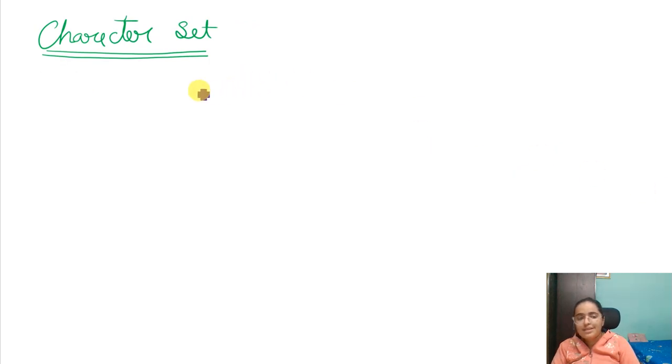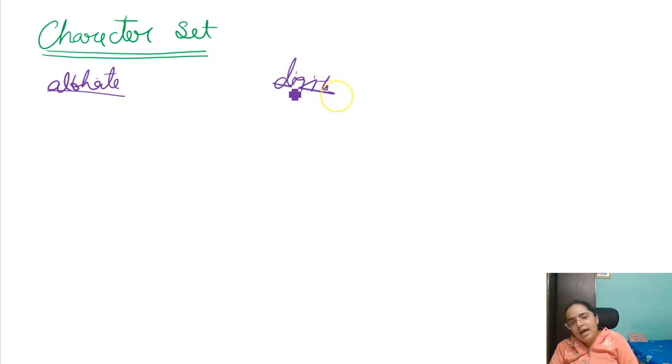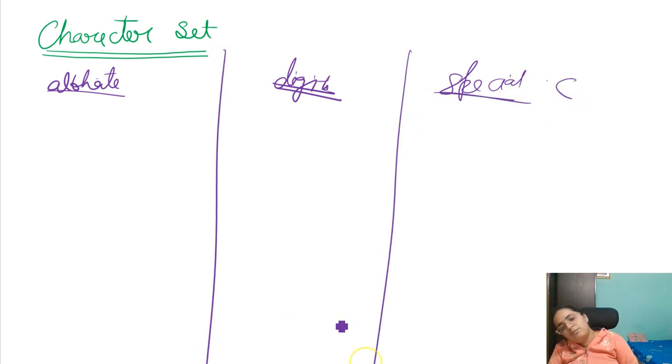Now, character set. As we said, the character sets are alphabets. Don't go on my spelling mistakes. Alphabets, digits, and special characters. My alphabets include A to Z in capital, A to Z in small.